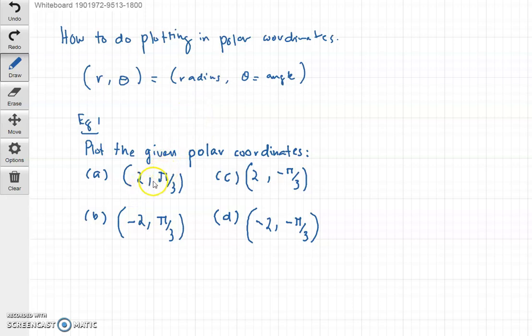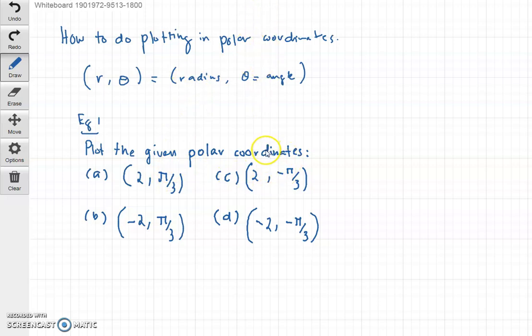the given coordinates here are written in terms of polar, where the first one represents the radius of the circle, and the second part here, pi over 3, represents the angle.